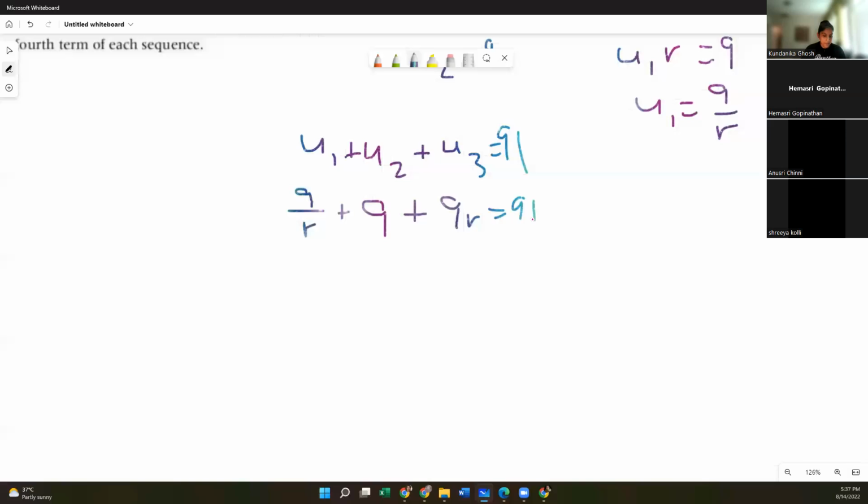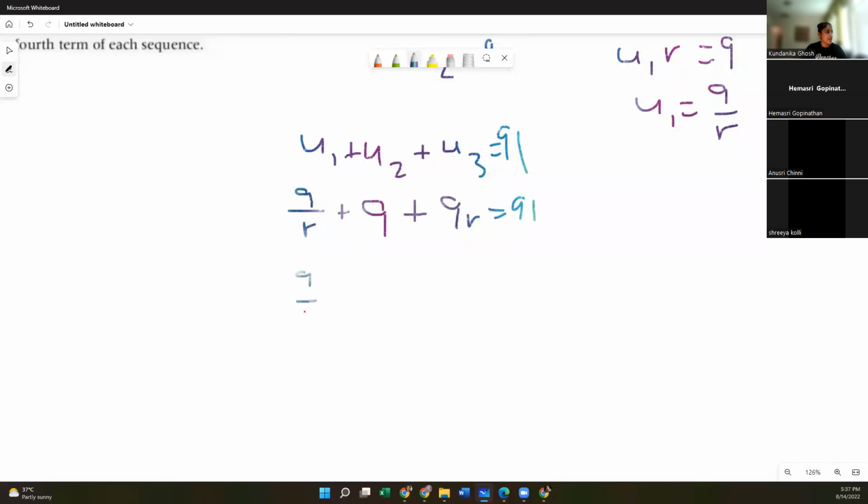So what you want to do here, first thing you want to do is get rid of the 9 on this side, or another way you can do it is subtract 91. Whatever, we'll just start with subtracting 9.